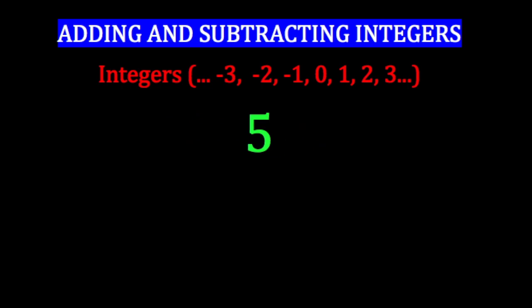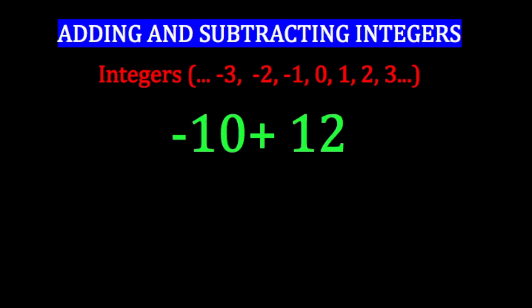Now, let's say you owe the bank $10. Remember, whenever you owe money to the bank, it's gonna show as a negative number. But you make a deposit of $12.